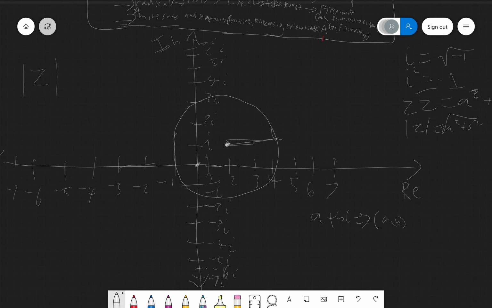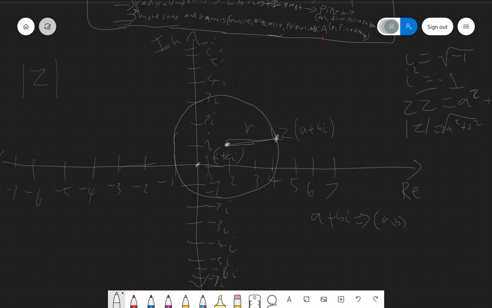Let's say we had the center of, again, h plus ki, or h comma k. Now we're looking for all the points z, which is a plus bi, such that the distance from h plus ki to a plus bi is r.